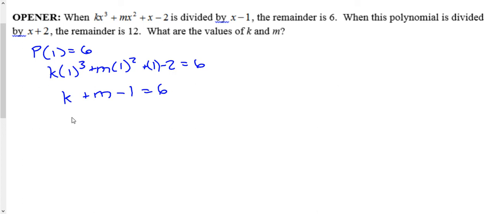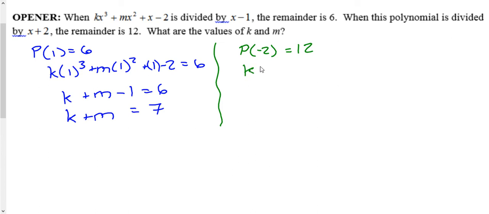And of course, getting k and m by itself, it's just k plus m equals 7 now, moving that 1 over. Doing the exact same thing with the other bit of information we were given. So we were given the factor x plus 2. So this is really, we're going to test the polynomial at negative 2 equal to 12.